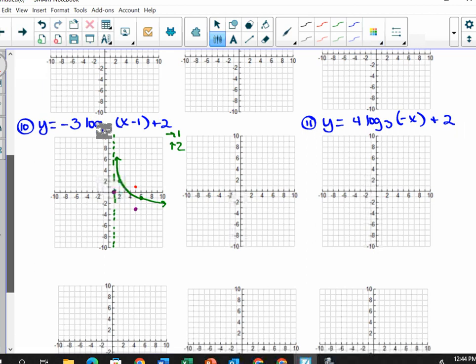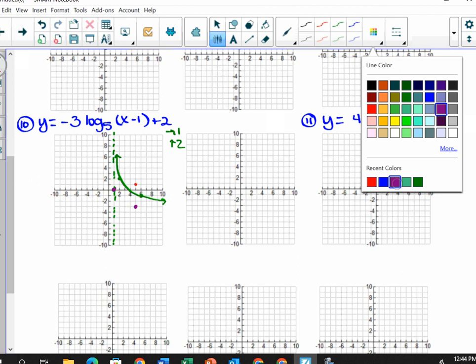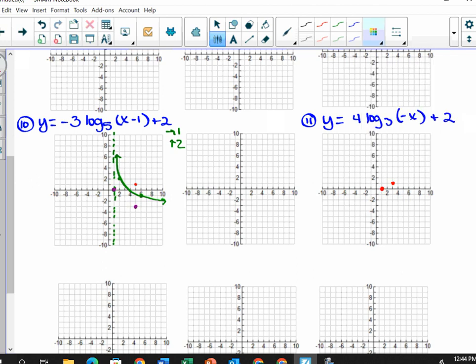All right, let's look at it. So initial points would be 1, 0 and 3, 1. It doesn't matter if you do the 4 or the negative first, but you've got to do the multiplying stuff before we do that shifting up 2. So I'm going to go ahead and flip just to get that out of the way. You can combine steps if you're doing it right, that's fine. But I'm going to reflect across the y-axis.